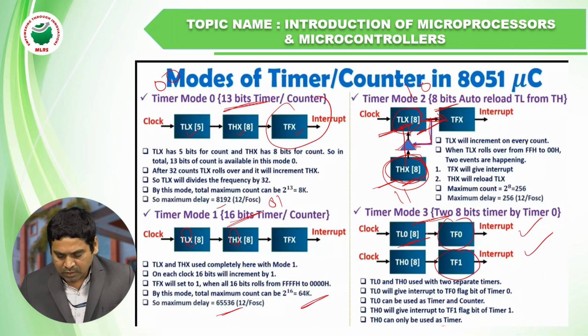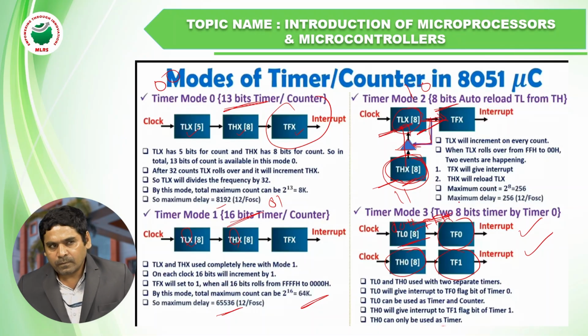Here TL0 contains 8 bits and TH0 contains 8 bits, so in hexadecimal notation each has 2 digits. TL0 counts 00H to FFH, and then TF0 occurs individually.